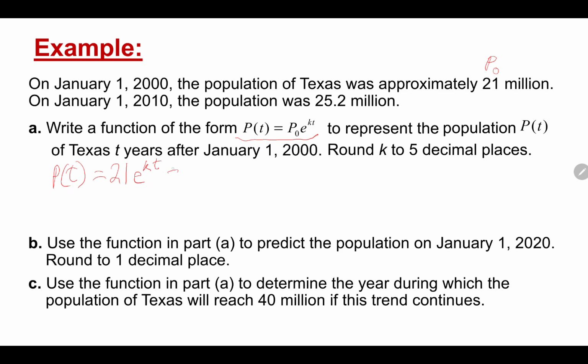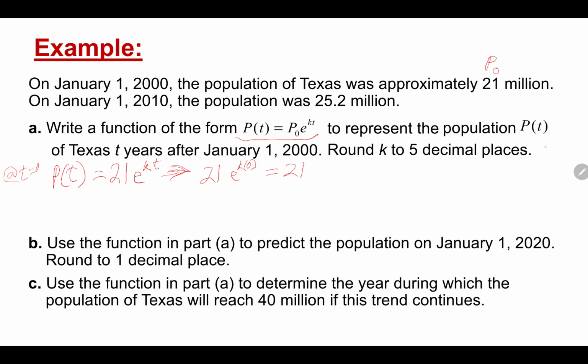So this becomes 21 times e to the k times 0. Well, k times 0 is 0. e to the 0 gives us that at t equals 0, this is equal to 21 million, which is great.